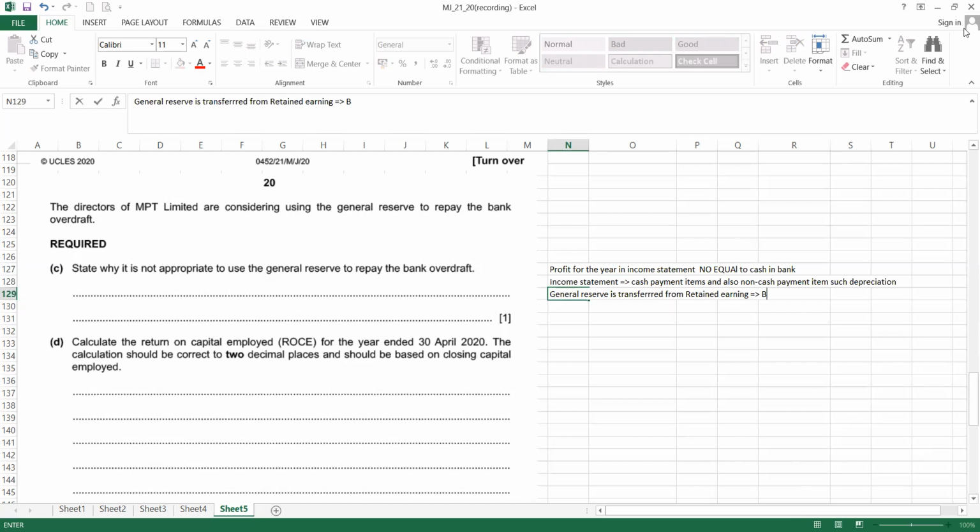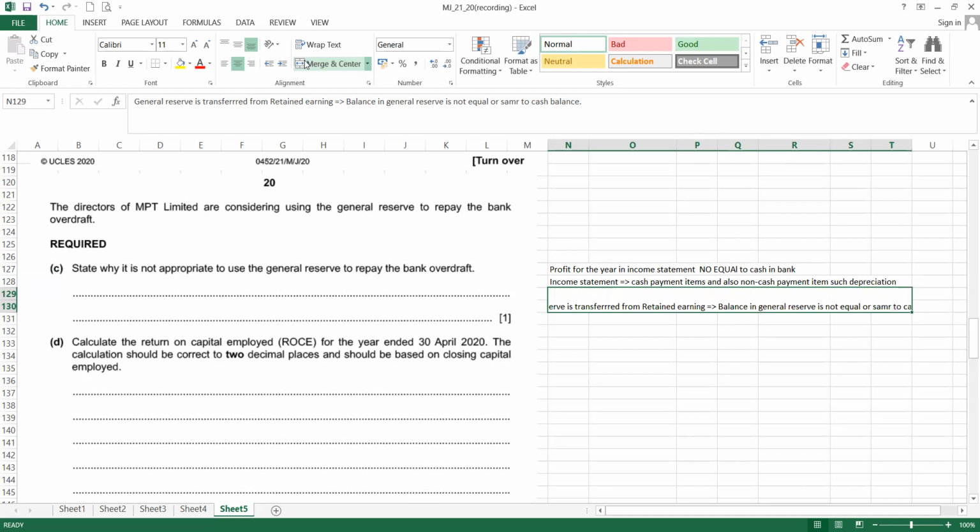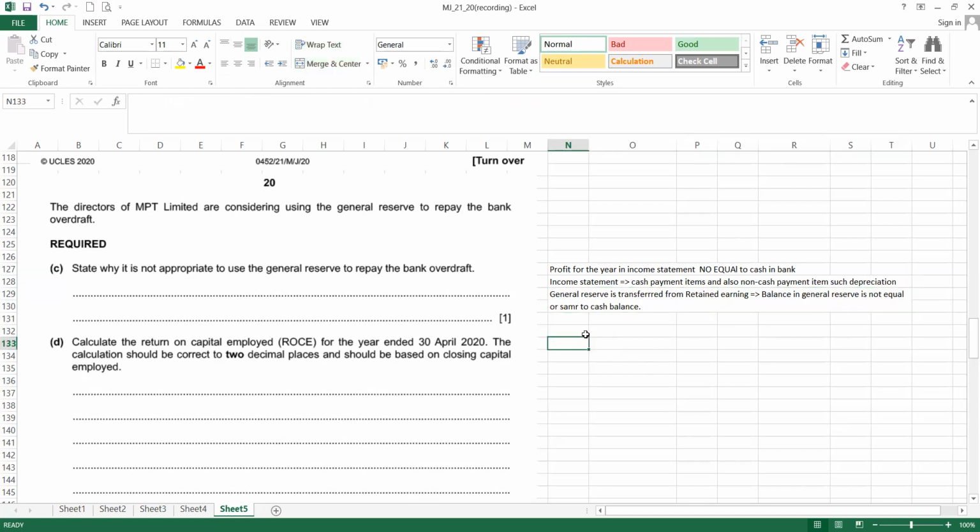The balance in general reserve is not equal or the same as the cash balance. So that is the reason it is not suitable to use it to pay the bank overdraft, because it may not be the actual money that you have.